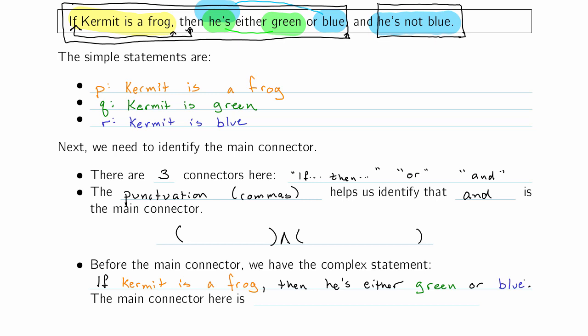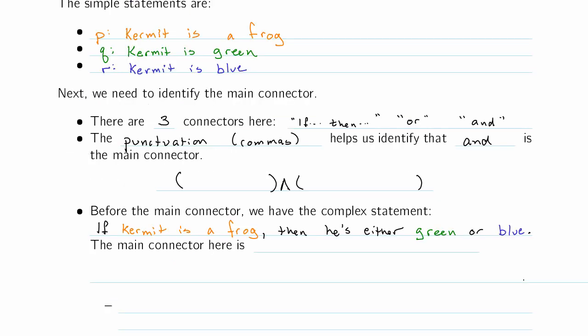How do we know what the main connector here is? Well, one of the things that helps us is that this he's either green or blue is clearly a unit. Why? Because the subject and verb only occur once. He is. And then green or blue is just tacked on to the end of that. Those are clearly dependent on each other.